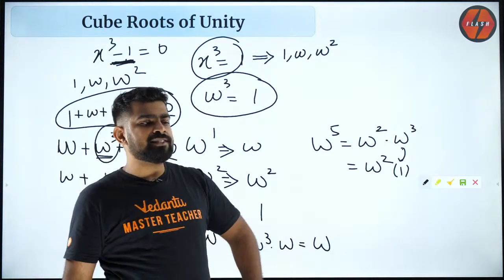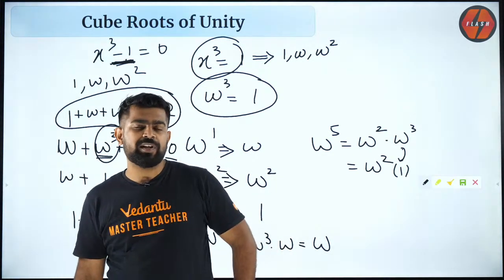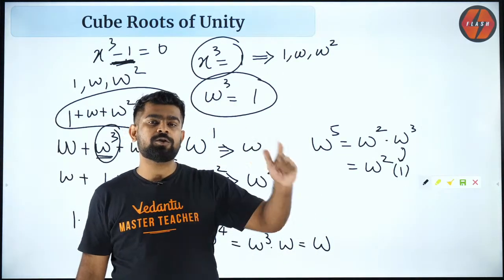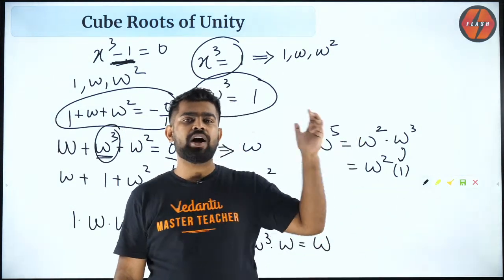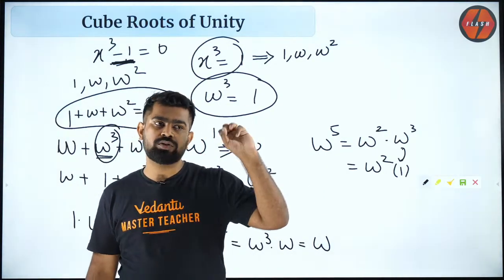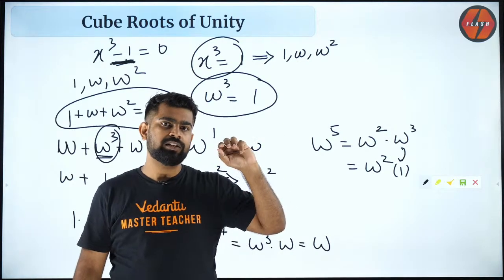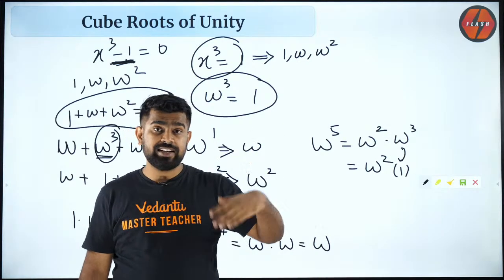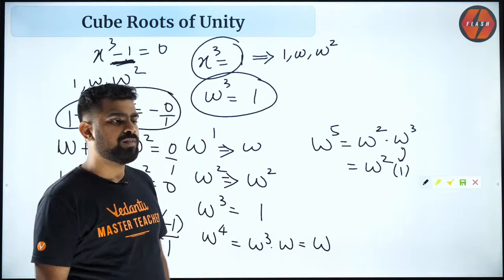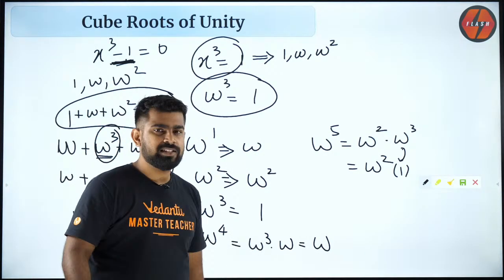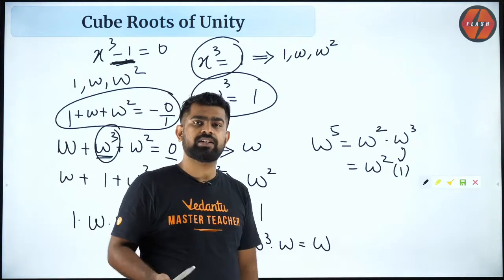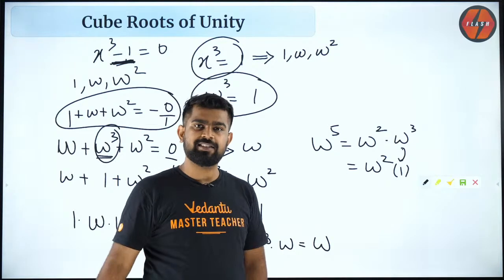What are the advanced topics from this chapter? The advanced topics which I didn't cover are rotation of complex numbers, also called Coni's theorem, coordinate geometry in complex numbers, nth roots of unity, and triangular inequality in complex numbers. These are the 4 main topics for advanced. But as I said, it's too much if I do it right now, because most of you are from 11th standard and you might get scared.